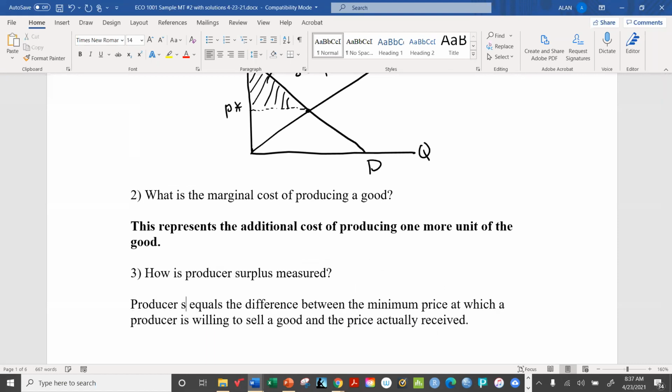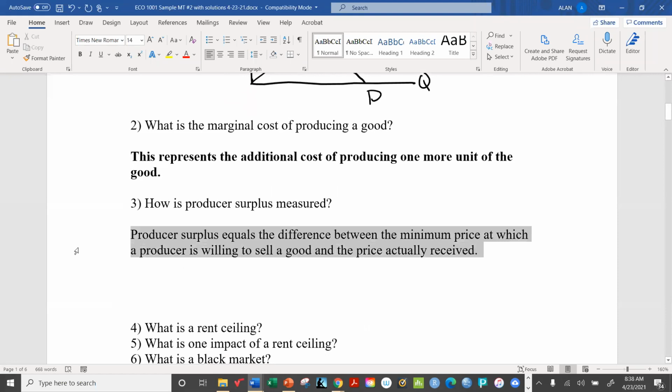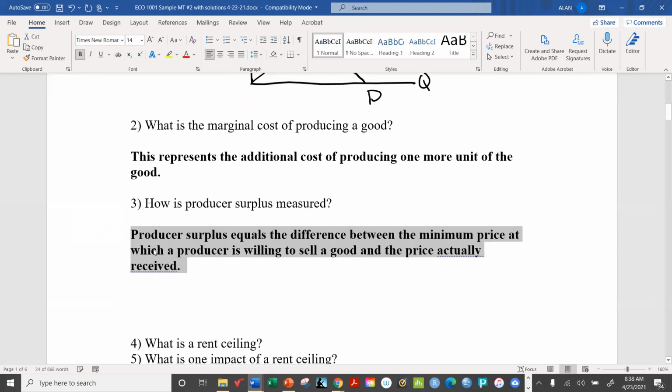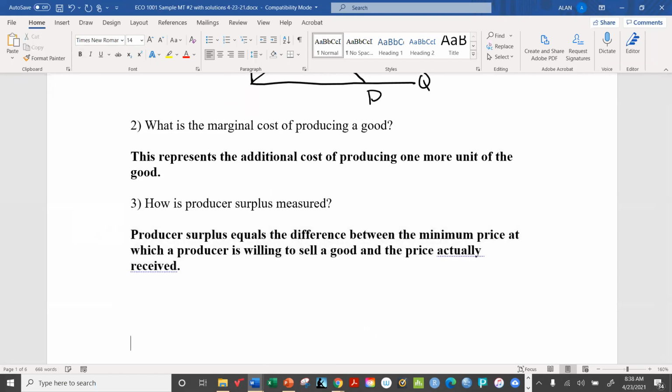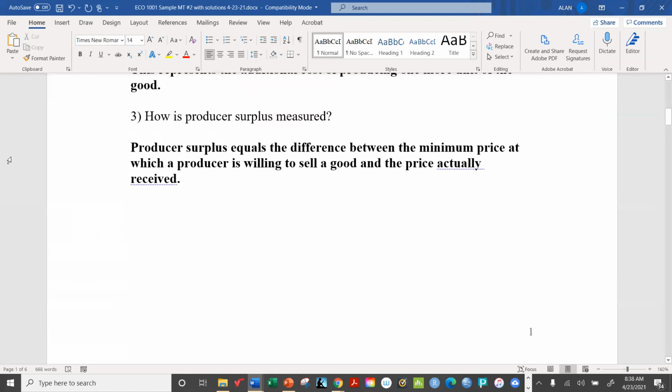Producer surplus equals the difference between the minimum price at which the producer is willing to sell the good and the price actually received. So remember, the supply curve represents the minimum price at which the producer is willing to sell that good. Anything more is obviously welcome, but if we're on the supply curve, all those points represent the minimum price at which we're willing to produce this good.